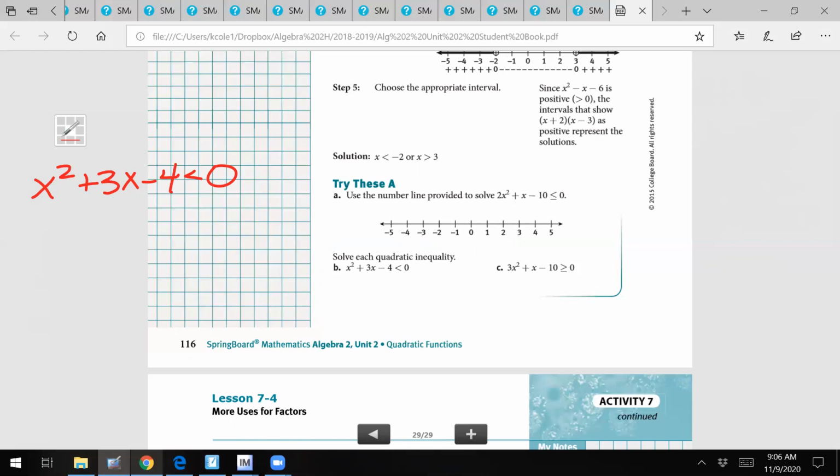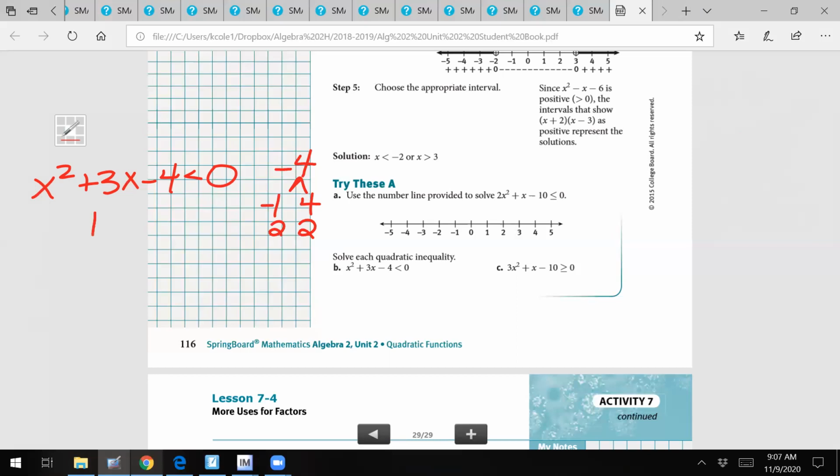Do you notice that? So we're just jumping straight to the factors. What are the factors of -4 that give you +3? Okay, who needs to be negative? Good. -1 times 4 gives you -4. -1 plus 4 gives you 3.